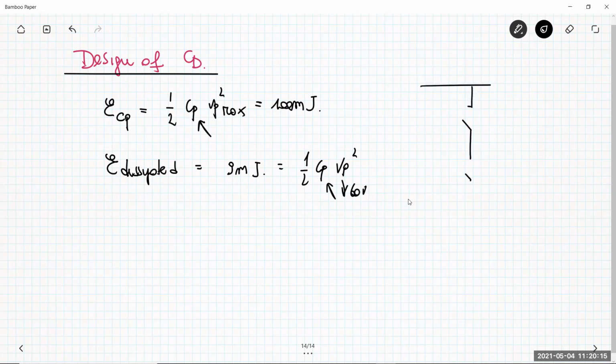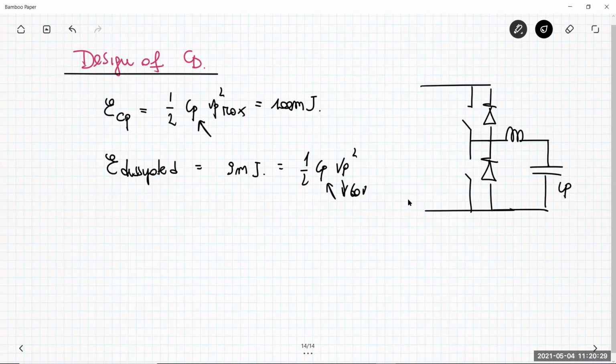Let me again plot here the half bridge and then the load. We have here CD. So we basically computed this energy by referring to these CP values. So they are energies that are relative to the load side.